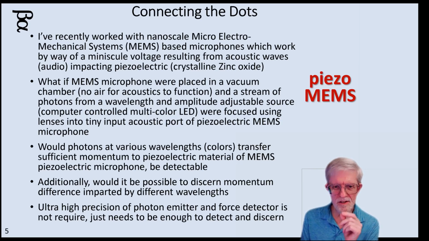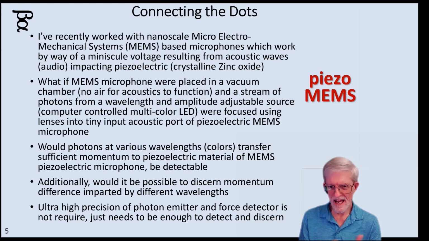It has a little tiny piece of crystalline zinc oxide material as a piezoelectric, which means when something strikes it, it makes an electrical signal, and as voice creates essentially a shock wave in the air from the vibrations, it energizes the piezoelectric material and produces a voltage that then gets amplified, filtered, converted into a digital signal, and now you can measure microphone audio as essentially a digital value.